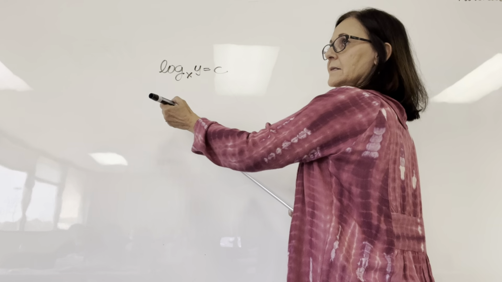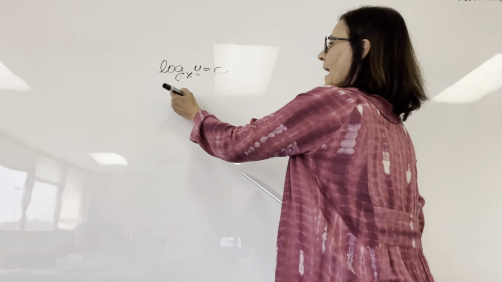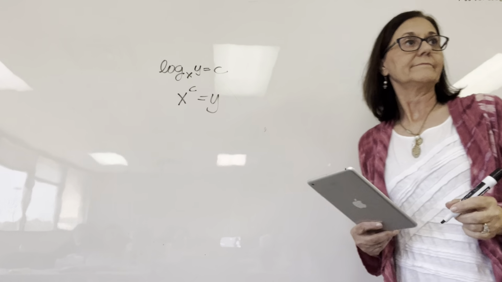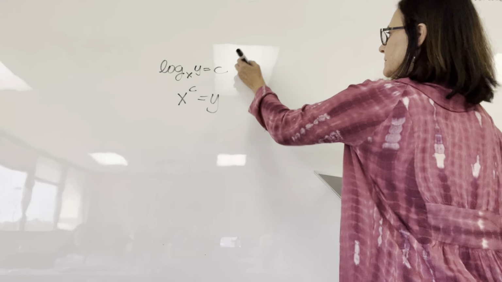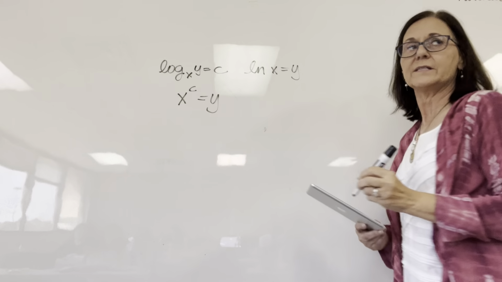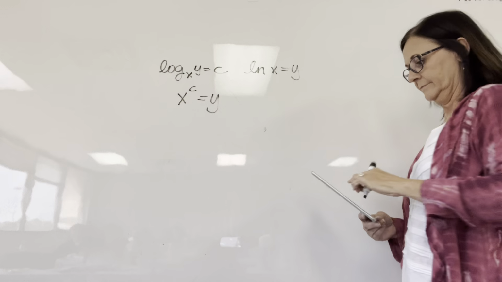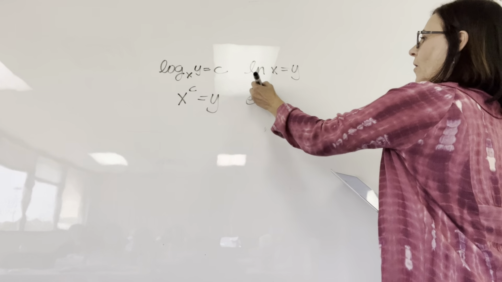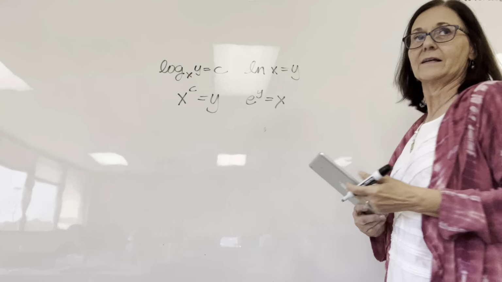X is the base, to the C equals Y. All right, what does this look like for the natural log? E to the Y equals X. Got it?